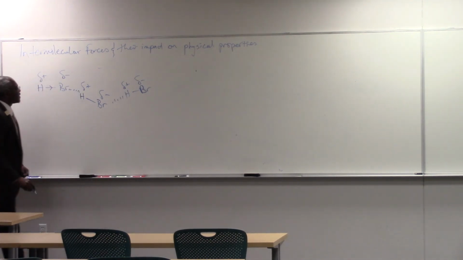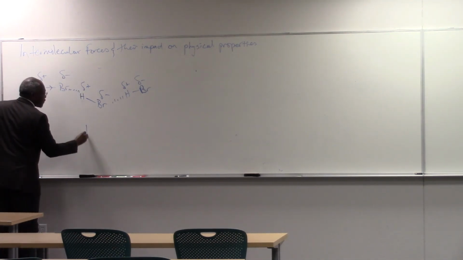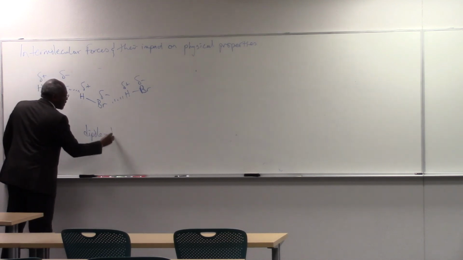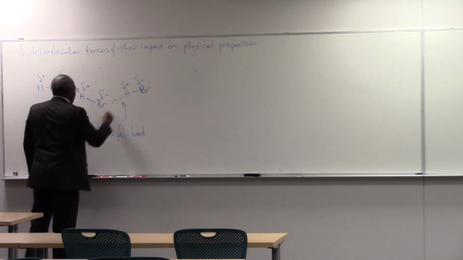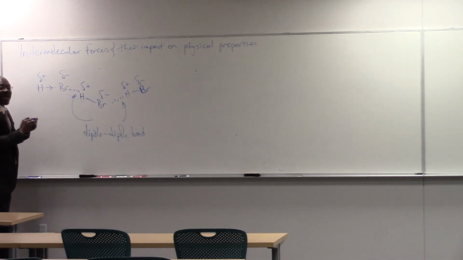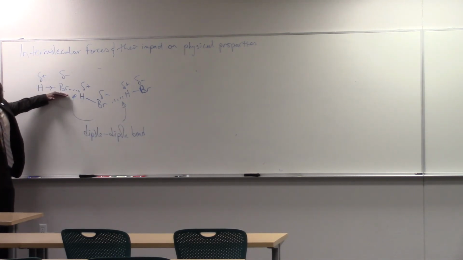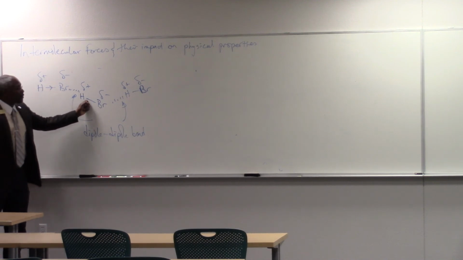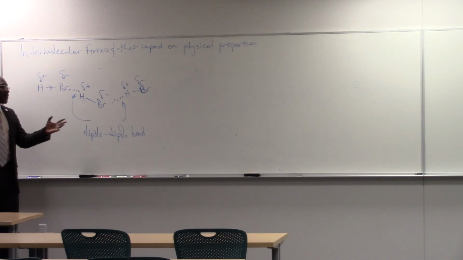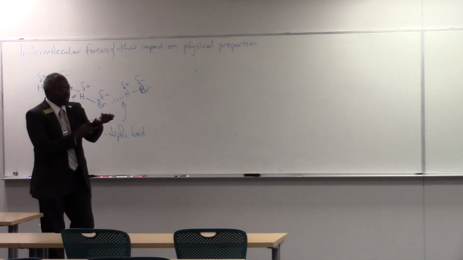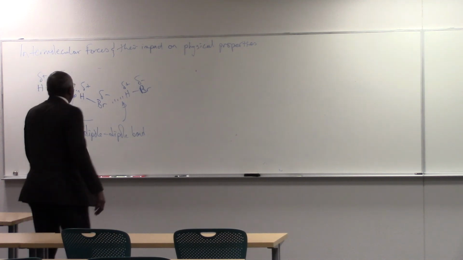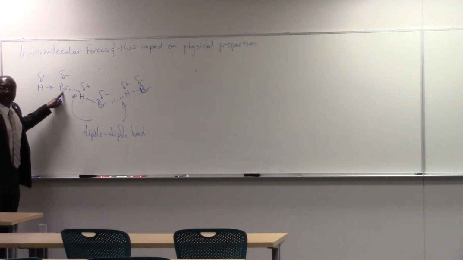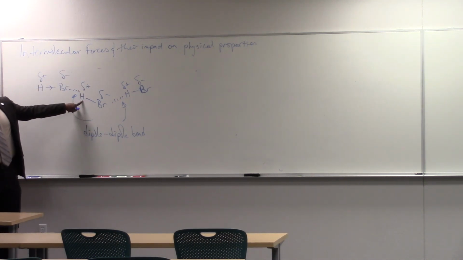Okay? And this interaction is called a dipole-dipole bond. This interaction between the dipoles of one HBr molecule and the dipole of another, that's called a dipole-dipole bond. The names for these are very unimaginative. This is the negative dipole on the Br, that's a positive dipole on the H. The bond between them is a dipole-dipole bond.